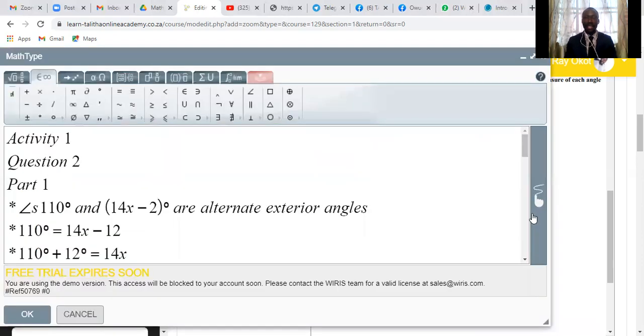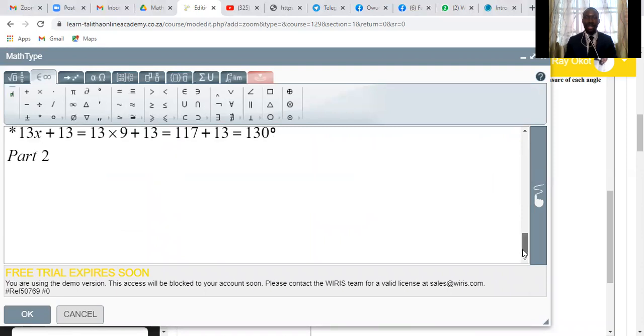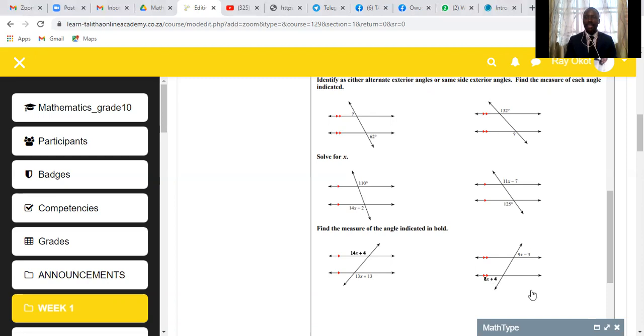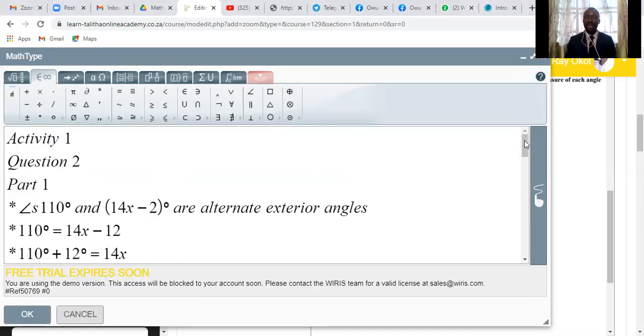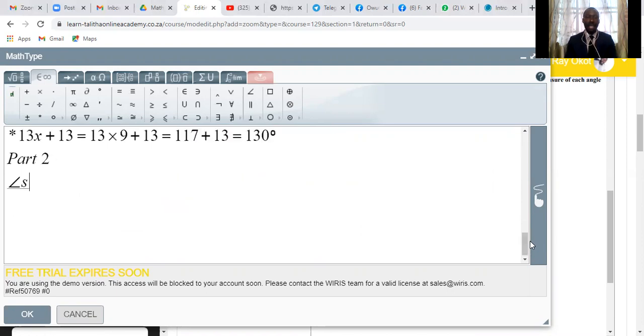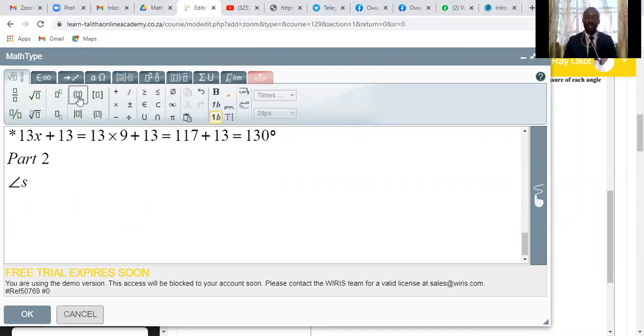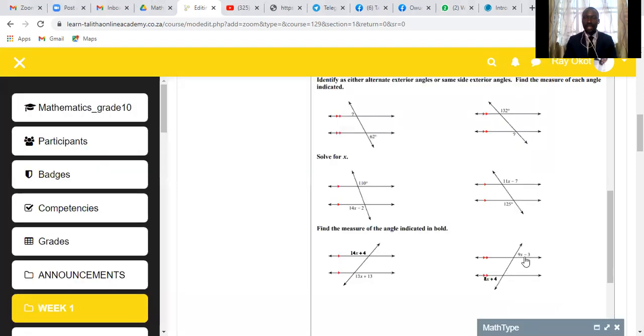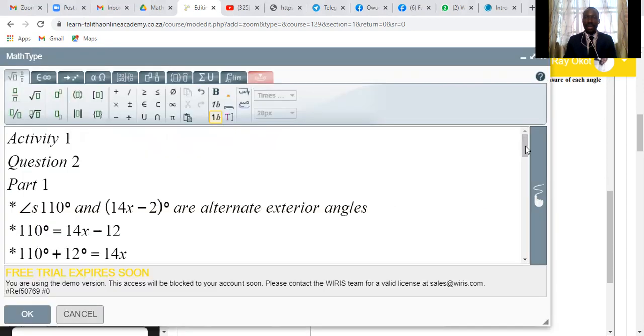So we can say the two angles given to us are 8x plus 4, and the next angle is 9x minus 3.